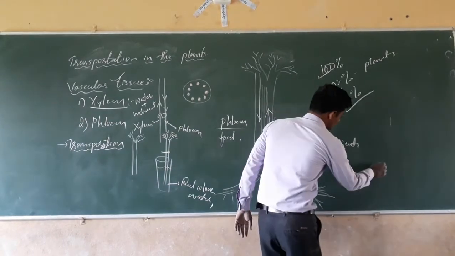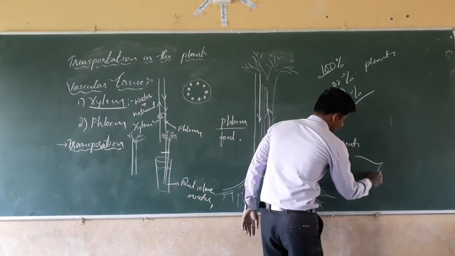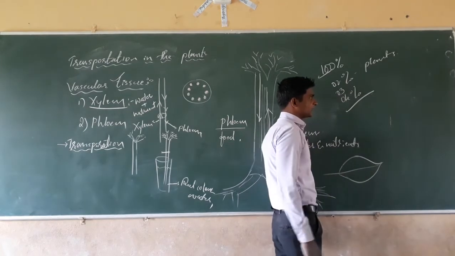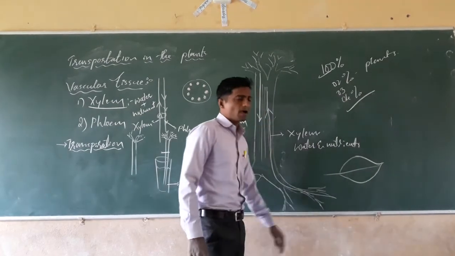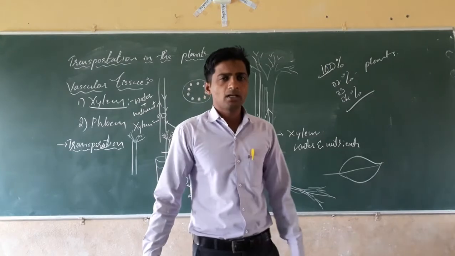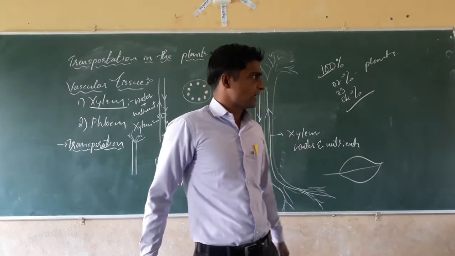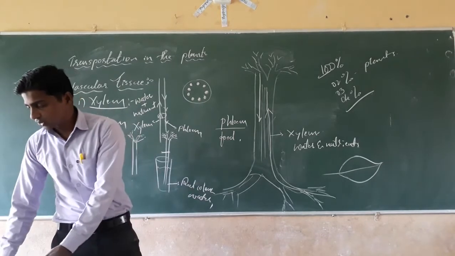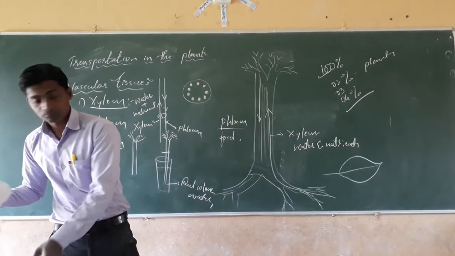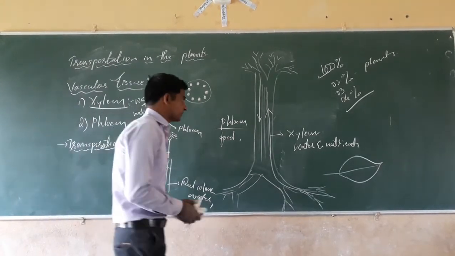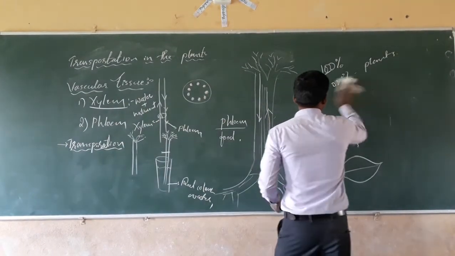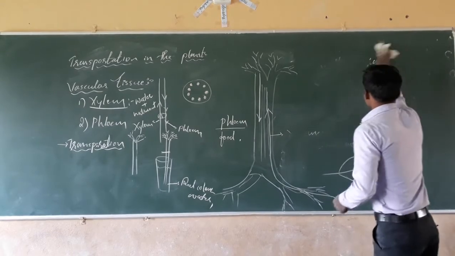See what happens, dear students? In the leaves, on the dorsal side of the leaves, minute microscopic pore-like structures are there. These pore-like structures are called the stomata. I will draw the stomata here.